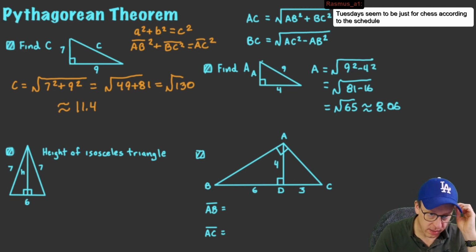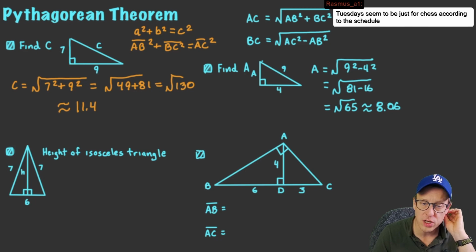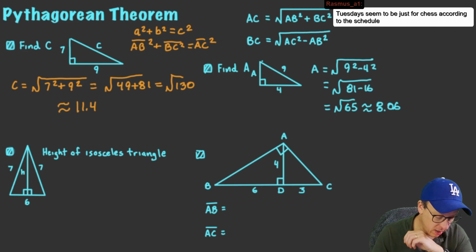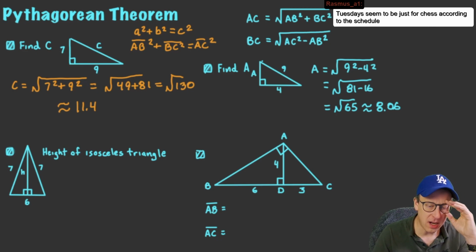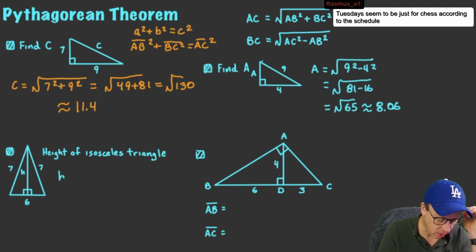This is an example of an isosceles triangle, and it's just any situation in which the legs have an equal length. So if we wanted to find the height of an isosceles triangle, we're going to have h squared, because that's labeled h. I think you can see that, right? Yeah. h squared plus 3 squared is equal to 7 squared.